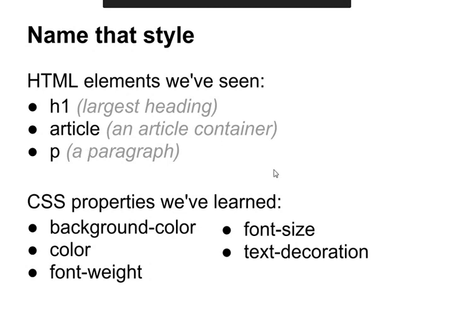All right, so at the same time as learning CSS, you might have picked up some HTML. Here we have our largest heading, an article container, a paragraph. Just like CSS has an index of all the different properties you can apply to an element, HTML also has its own index of all the different types of elements available to use on a web page.